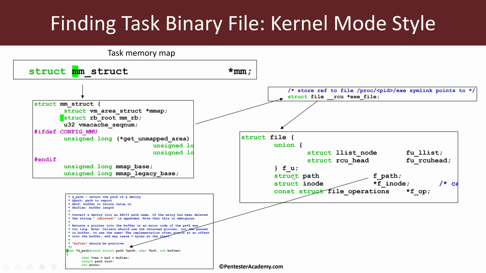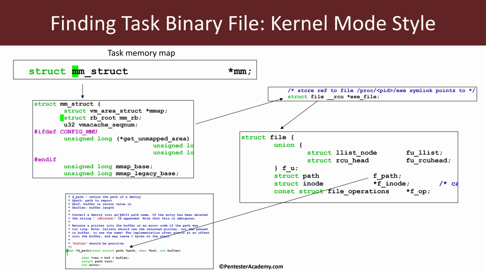And this structure is what we are going to use to find the actual exe file name, including its path. Now, in order to get the whole exe path, we feed this value into a utility function called d_path, which finally gives us the entire path with the executable name.